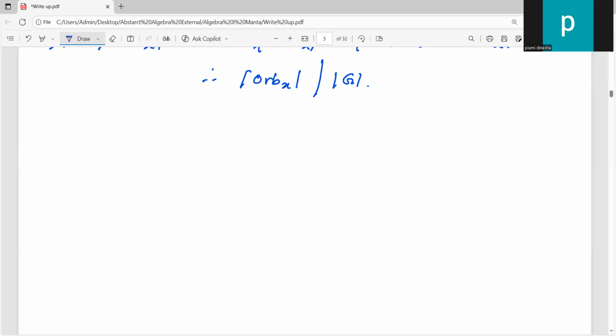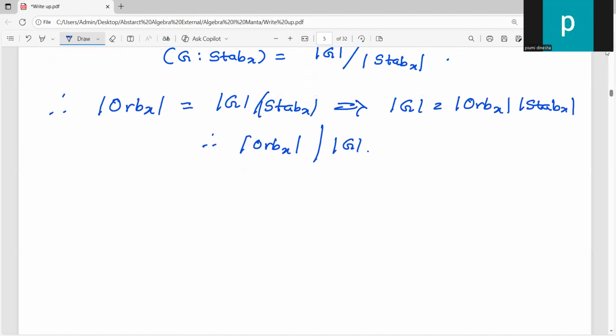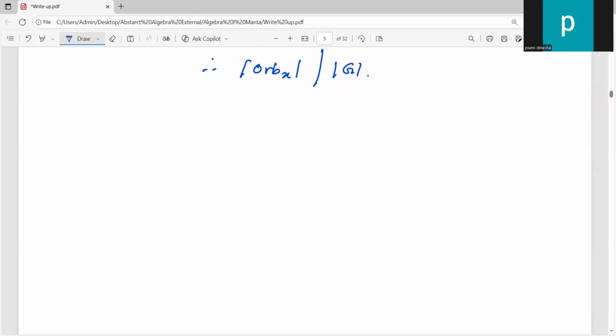Okay. Now, when G is finite, there is a way for us to find the number of elements in the orbit by simply taking the order of G over the order of the stabilizer of the same element. Okay, now we have a simple proposition.